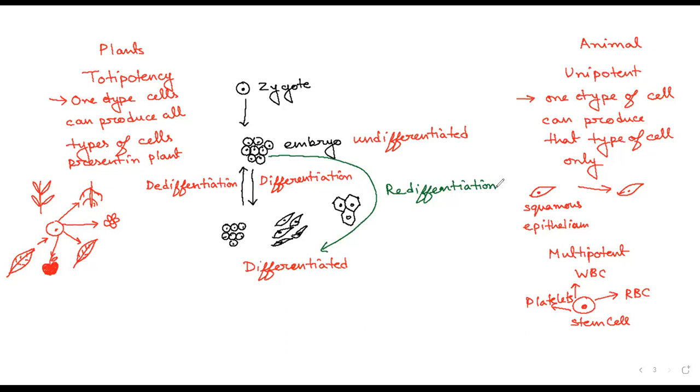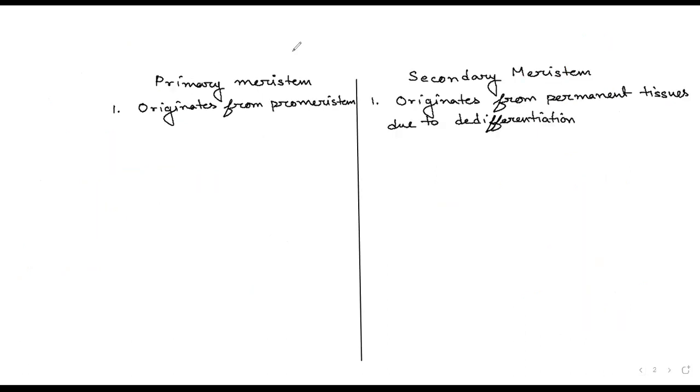So, with this, we will again come back to the definition that we were tackling: the difference between primary and secondary meristem.